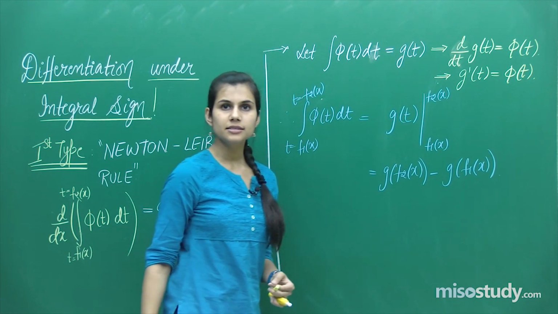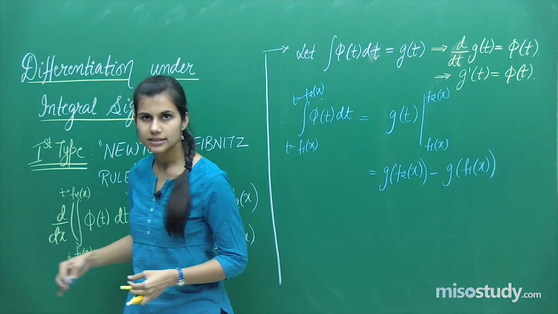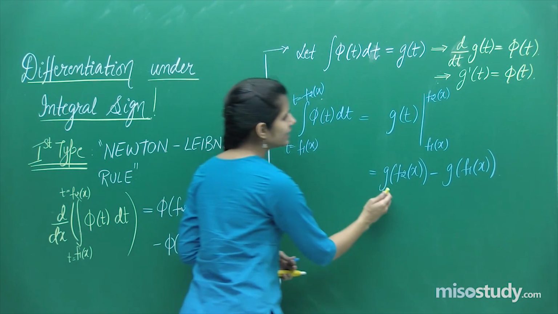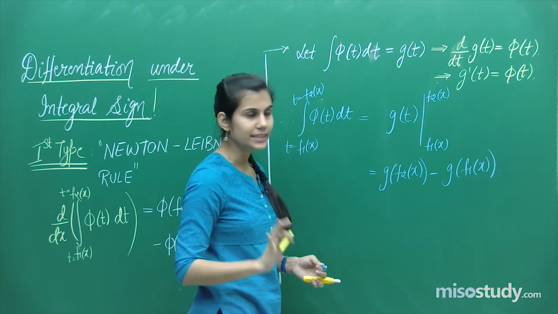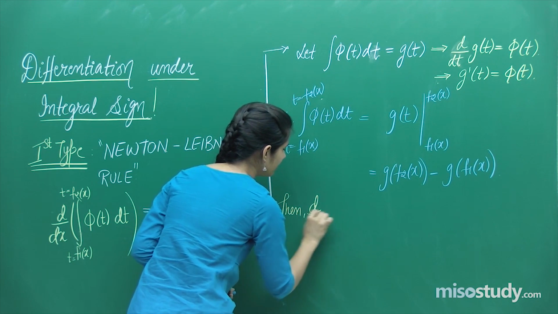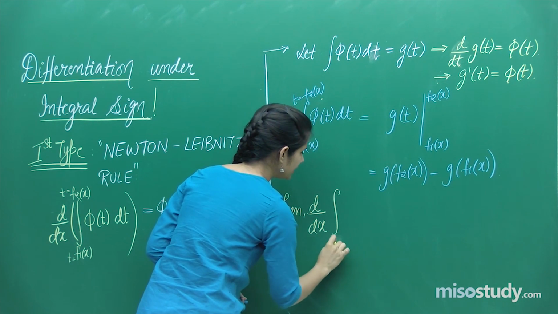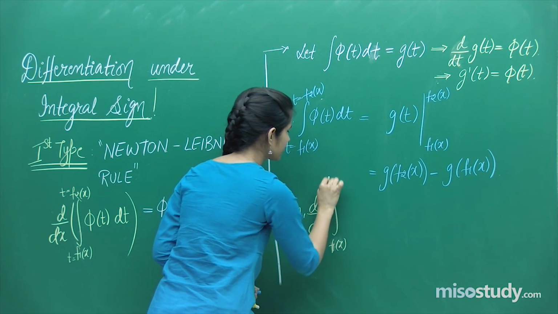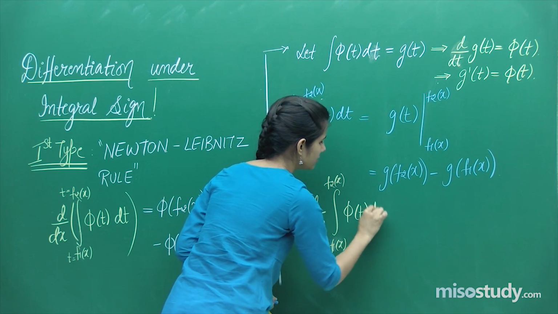that's how we do definite integrals. After this, the next step is to take d by dx. See, on the right hand side, the entire expression is in terms of x. It is valid to talk about d by dx. Then d by dx of the left hand side, which is this.